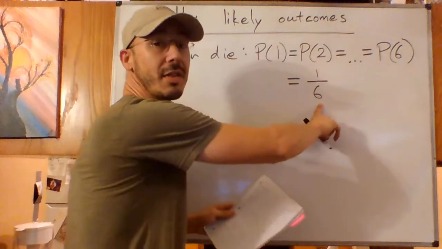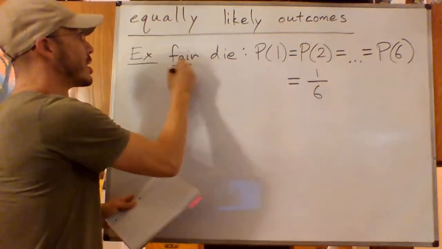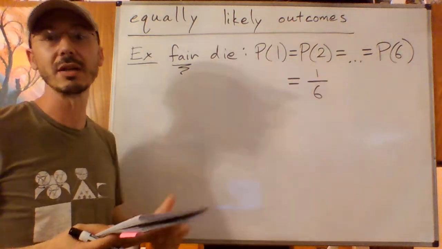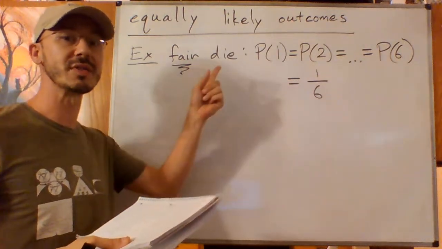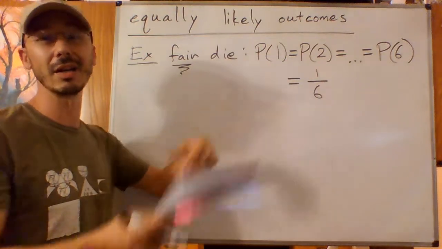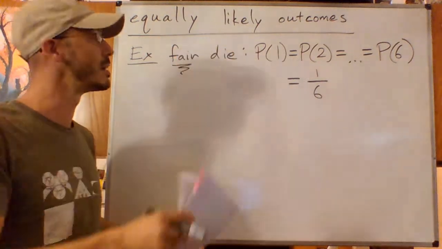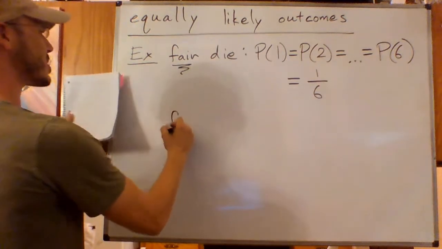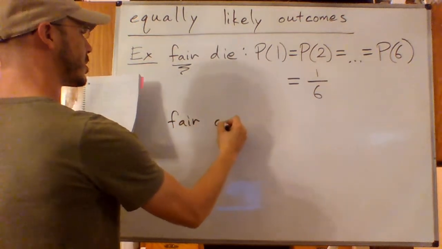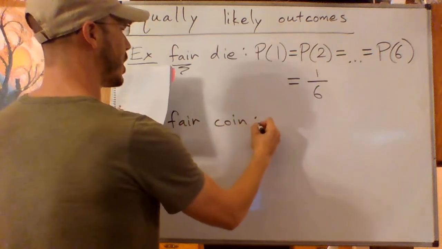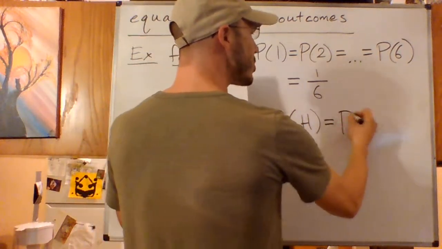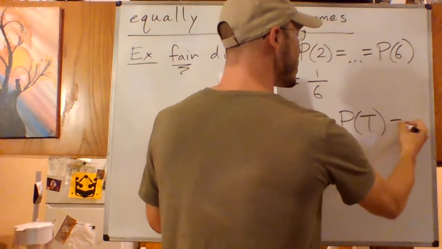And also, this is what makes it a fair die. A fair die is one where all the sides are equally likely. A loaded die will make one of the sides more likely and another one of the sides less likely. But that's not an equally likely situation. The other one is the fair coin that we saw. The probability of heads is equal to the probability of tails. That's what it means to be fair.